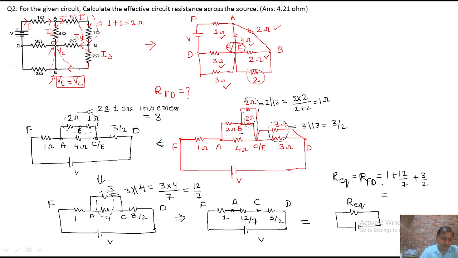So this value is 4.2. This is my answer. This is RFD. This is the answer.